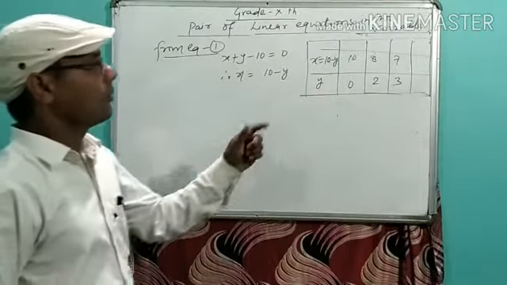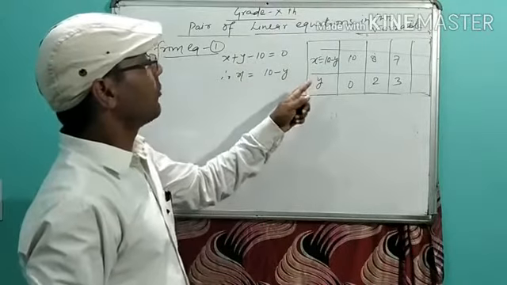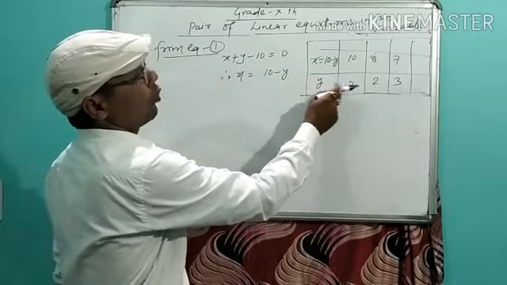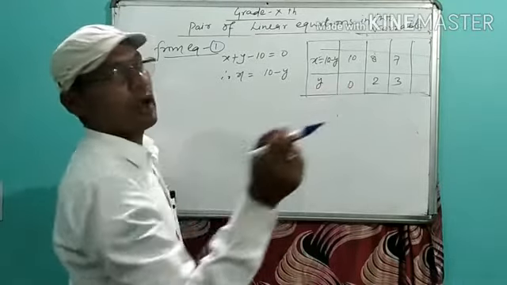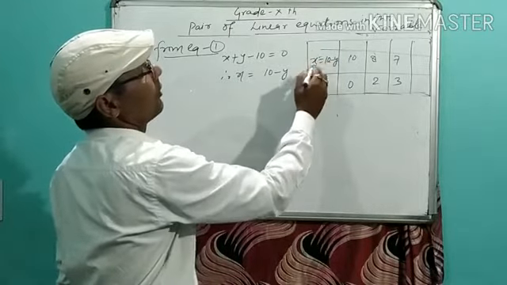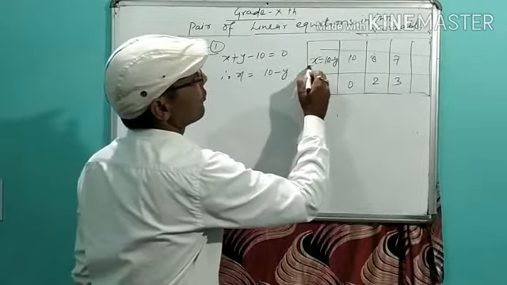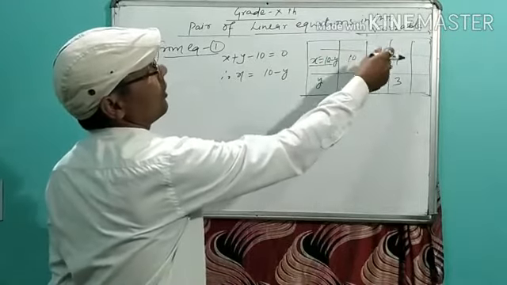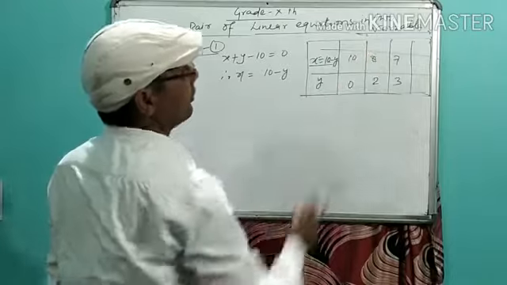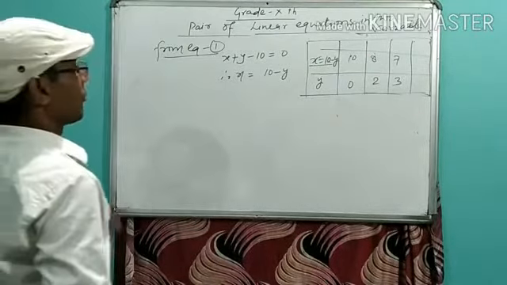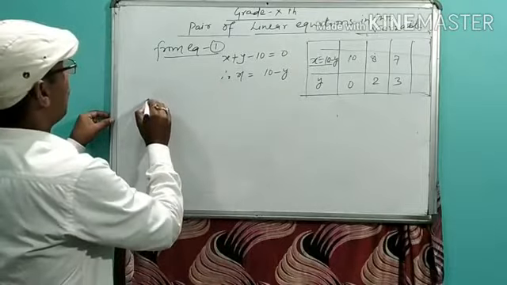What did I do? One by one I have taken the value of y and inserted it in the place of y here. You can say x is equal to 10. Then we get such numbers.